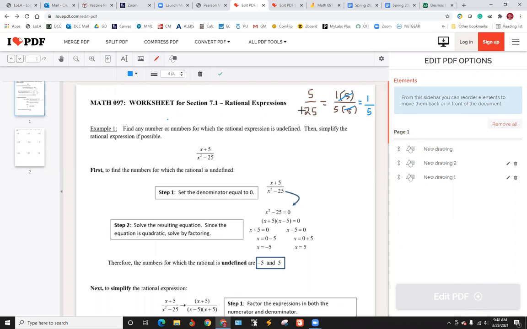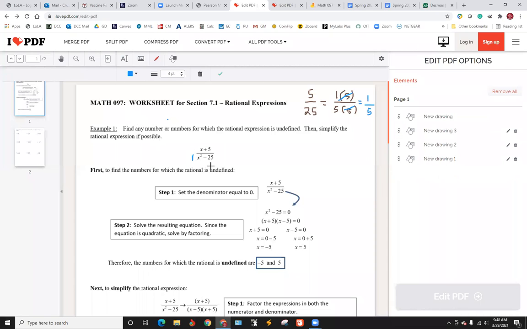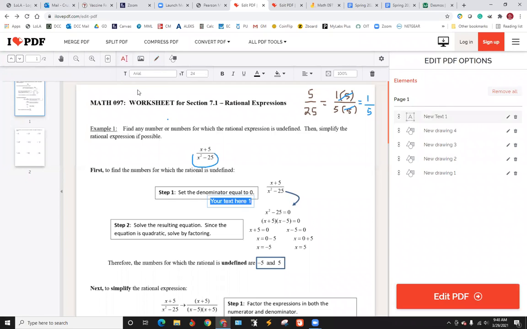All right, now on 7.1, we got to bring up this thing before we simplify them. As a matter of fact, let's see here. See, this right here is the denominator. You remember what we said about this?